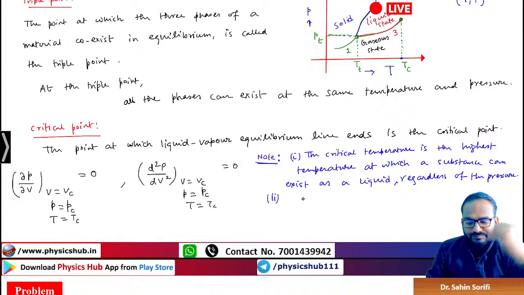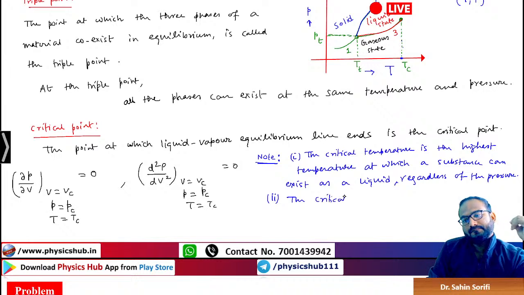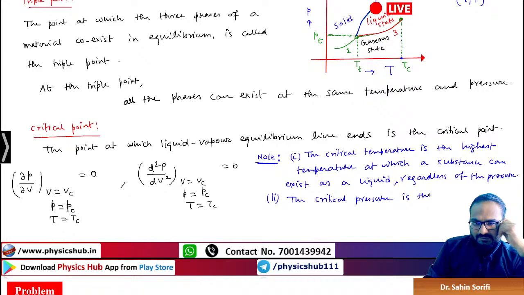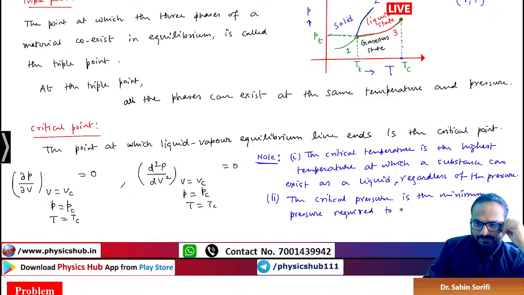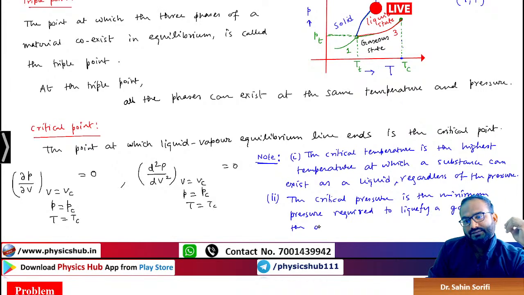Number 2, the critical pressure is the minimum pressure required to liquefy a gas at the critical temperature.